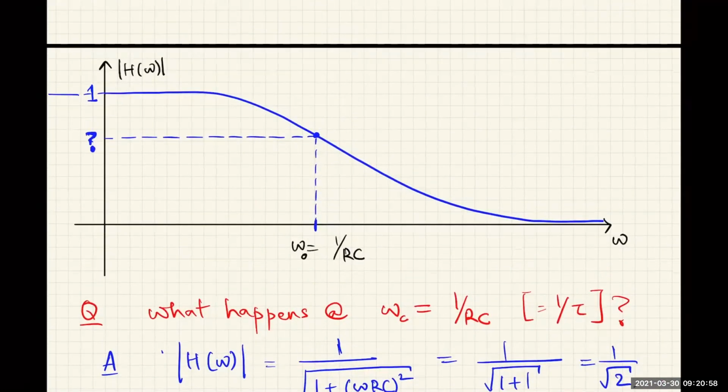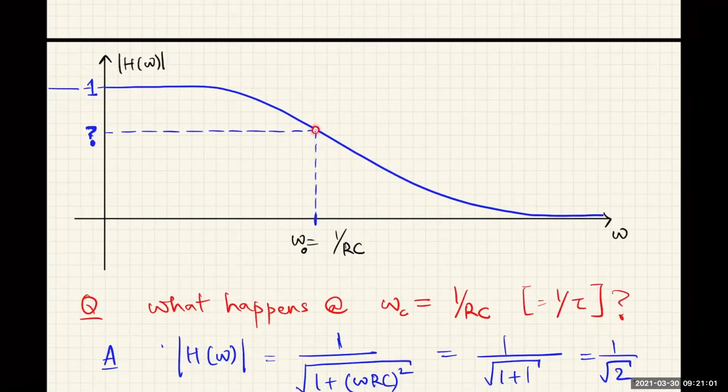The reason is it indicates where the power drops by half. Beyond that, the power or the voltage keeps decreasing, and below that, the power is above half the input power. So this is a good indicator of where the frequency selectivity begins.